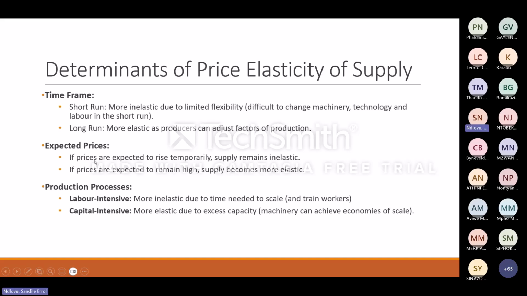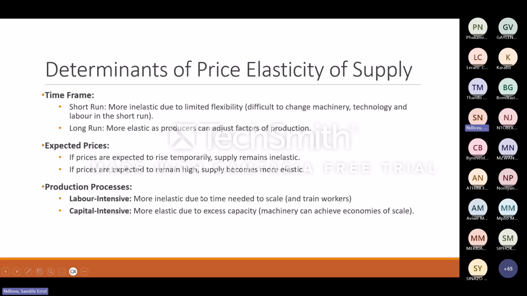And then what also influences the elasticity of the supply line are expected prices. So if prices are expected to rise temporarily, then supply remains inelastic, right?